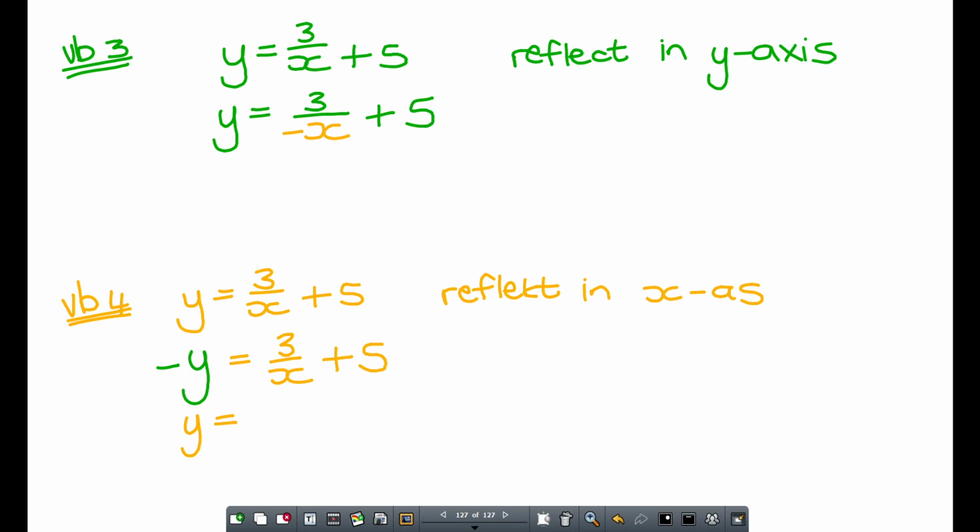So, I see it as this, minus, and then 3 over x plus 5, which means that your final equation would be a negative 3 over x minus 5. Dis gewoonlik waar julle strooi aanvang. You guys forget about that negative at the 5 as well. Okay, are you good?